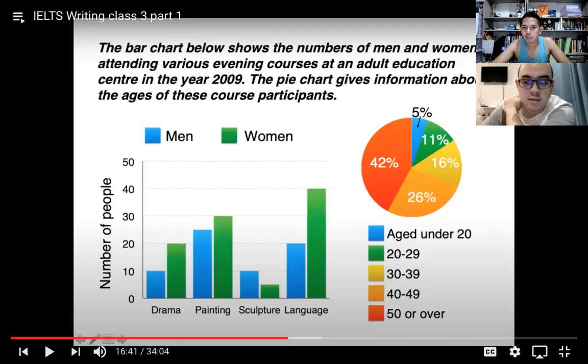And on the other hand, the lowest numbers of attendance in the evening course were adolescents under 20 years old, about 5%.